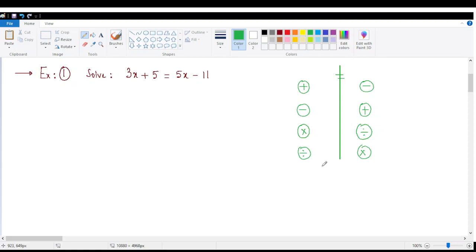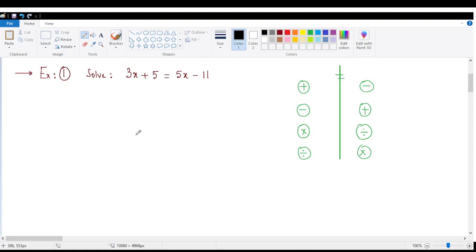So here also the same thing will happen. Now think about it. If I take the 5x on the left side, the 5x will be negative, because on the right it was positive. Then I'll get a negative value on the left. Is that feasible?